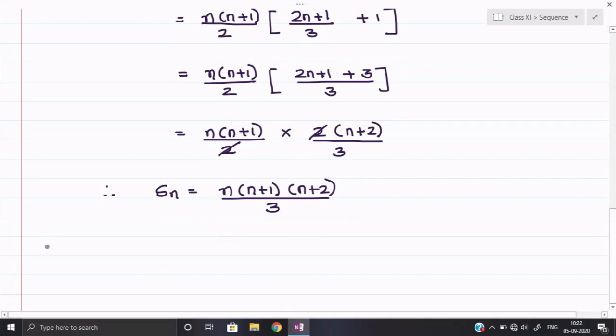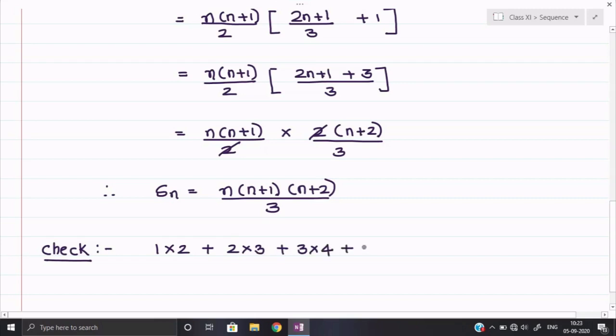Here I am writing the heading, checking. This is not required in the examination, just for our satisfaction we are doing it. What was the sequence given to us? 1 into 2 plus 2 into 3 plus 3 into 4 and so on.